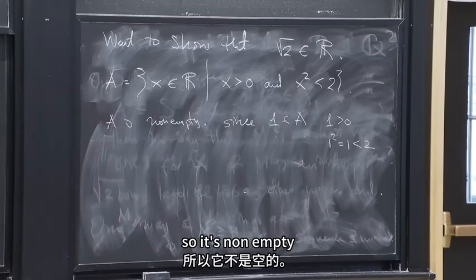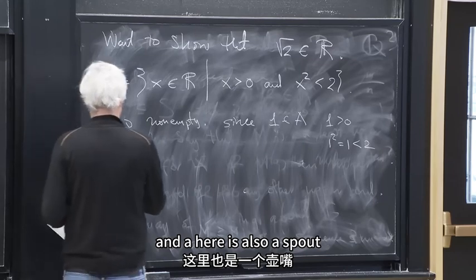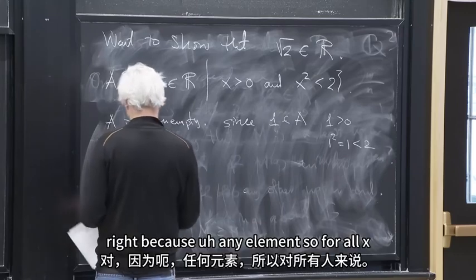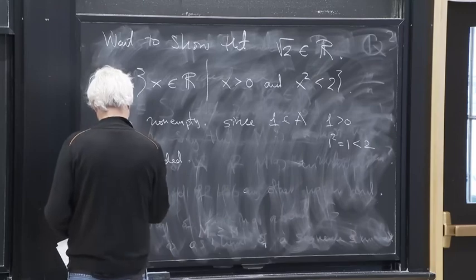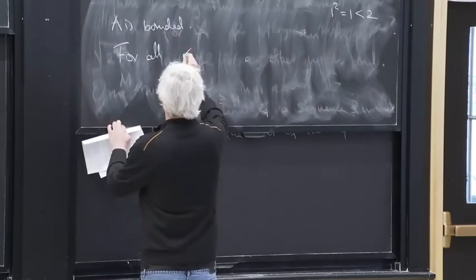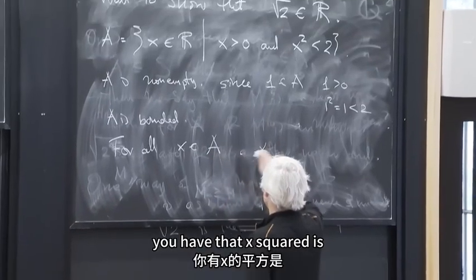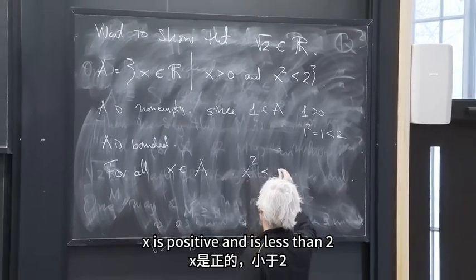So it's not empty, and A is also bounded, because for all x in A, x is positive and x squared is less than 2.